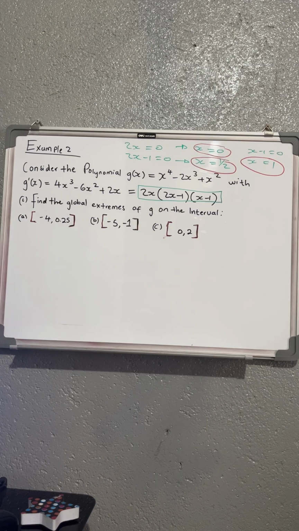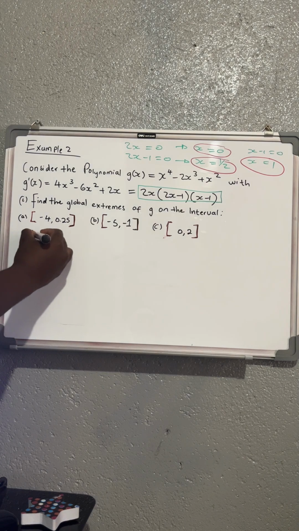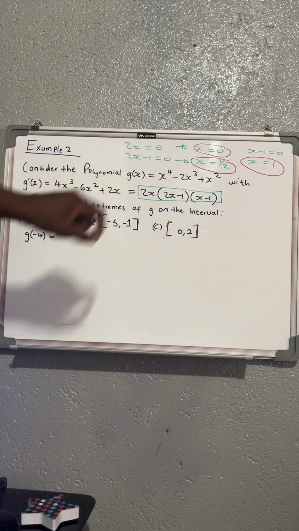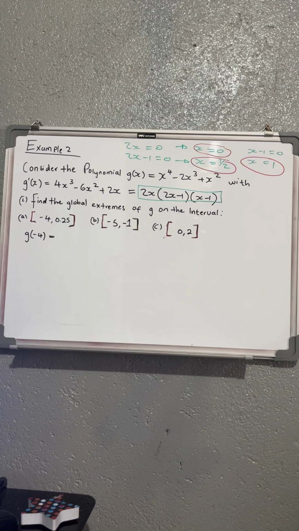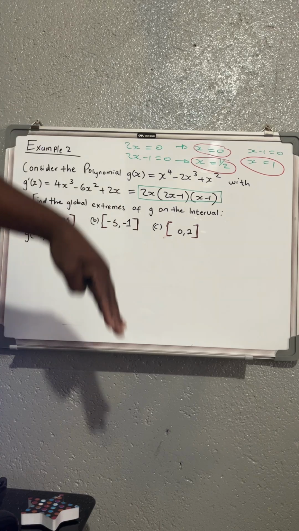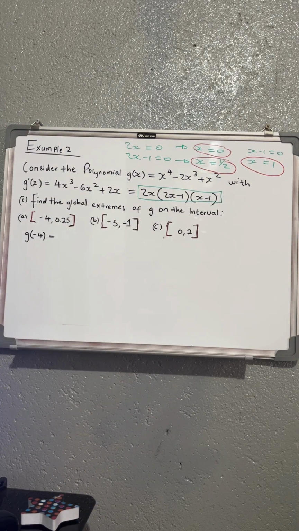So how are we going to do this? For the first one, we're going to say what is our g of -4. So we input -4 into the original function. Here we have the derivative and the original function, and in this instance we're going to be using the first equation because we're looking for our y values within the graph, because the graph can either go up, which is a local maximum, or go down, which is a local minimum.